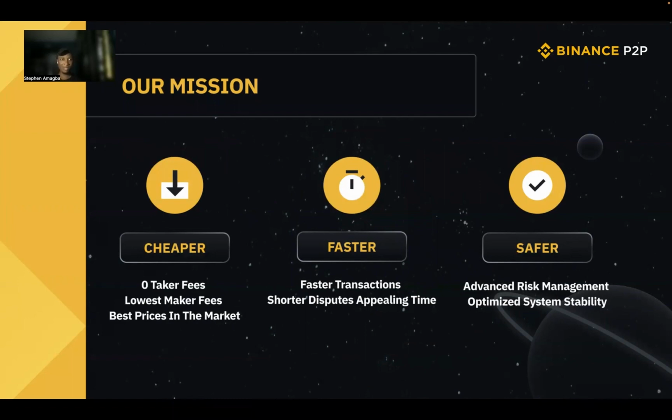With fewer people on a free market like a P2P market, the price is going to be volatile. Since we have more people on our Binance P2P platform, it stabilizes price and gives price competition. There are a lot of people competing for price, so you can get it at a far better price than you would on another P2P platform with fewer people there.